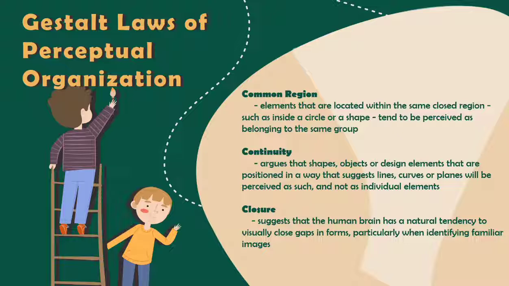And lastly, closure. This law suggests that the human brain has a natural tendency to visually close gaps in forms, particularly when identifying familiar images. So when information is missing, our focus goes to what is present and automatically fills the missing parts with familiar lines, colors, or patterns.